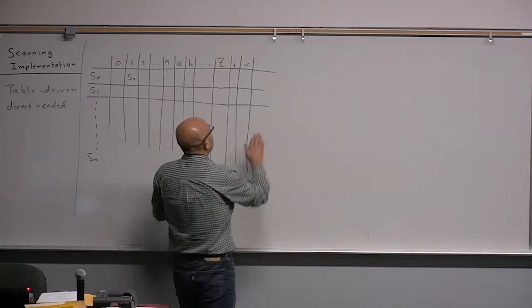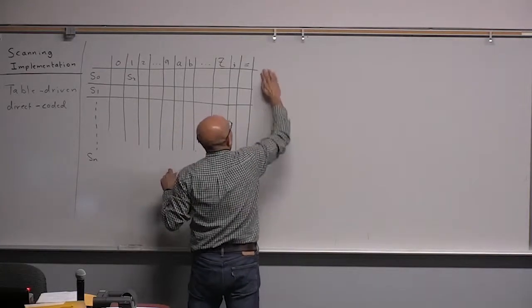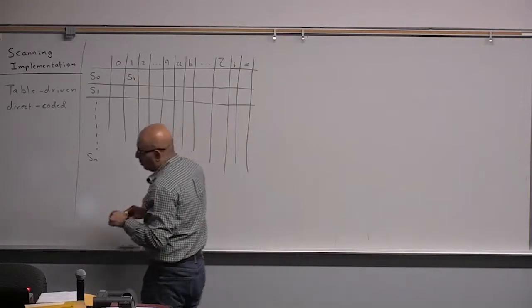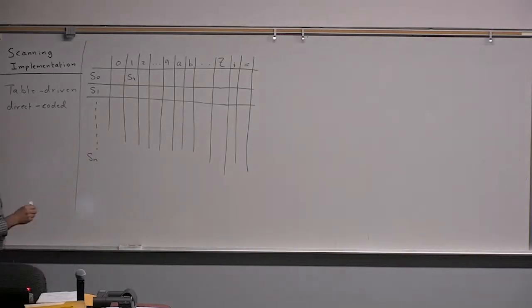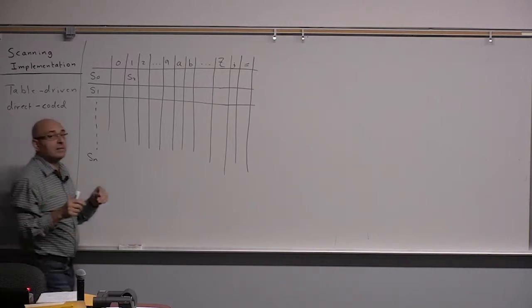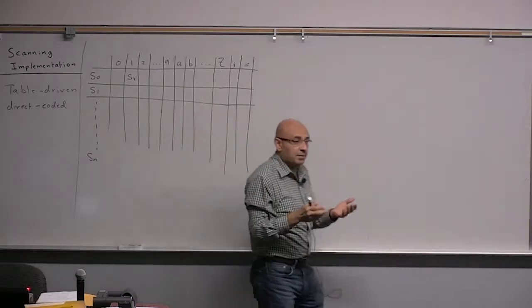Then the code will be based on this table. The code will keep track of the state, and based on the current state and the current character that it's reading from the input, it looks it up.